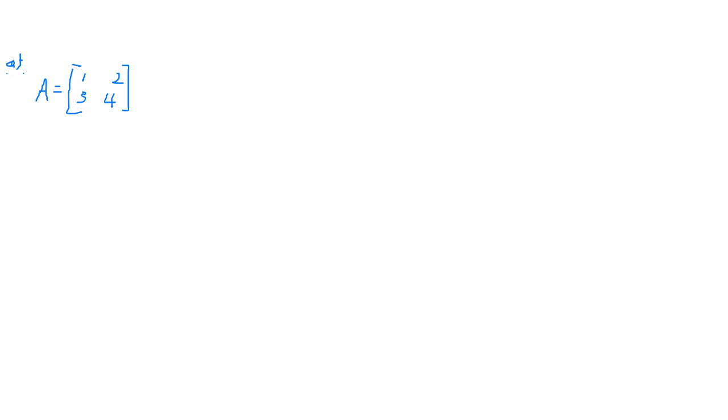Now I'm going to put another matrix B to the right. And the matrix B is going to be 1, 2, 0, and negative 2.